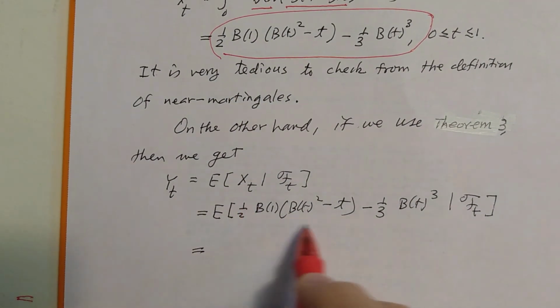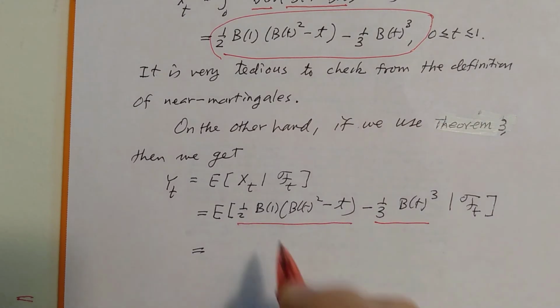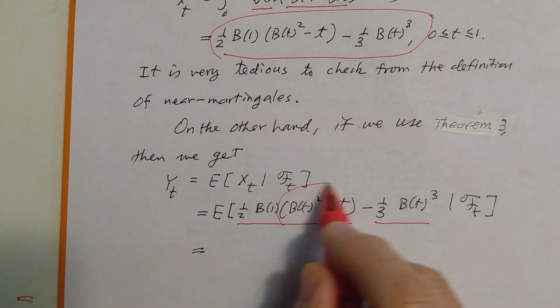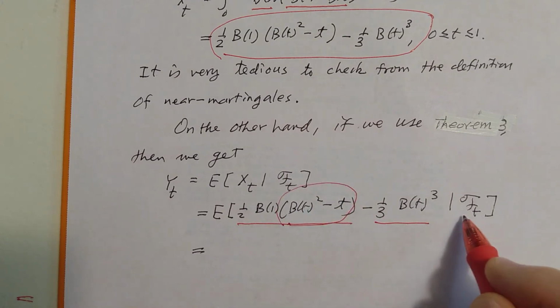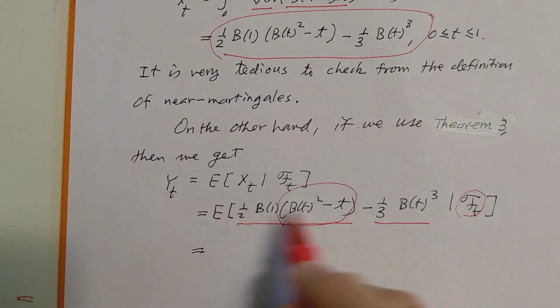The first term, and the second term. In the first term, this factor is measurable with respect to the sigma field F at t, and so we can bring it out.